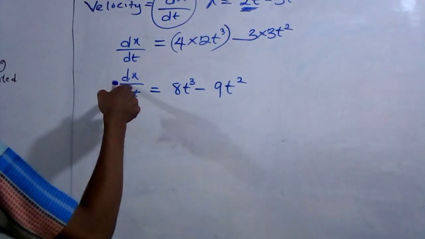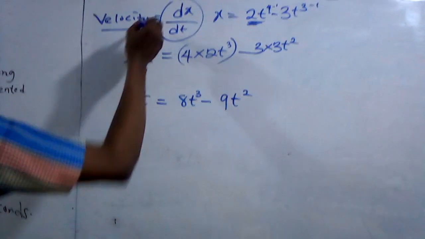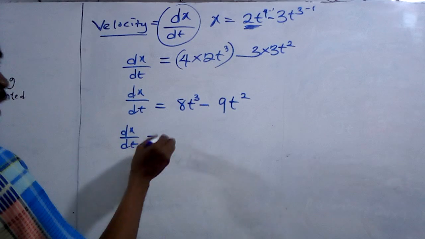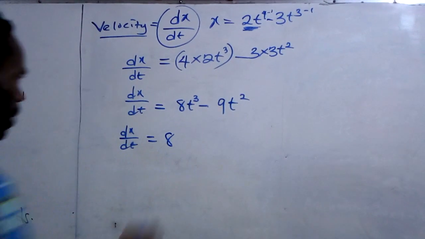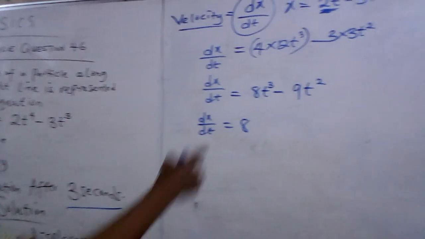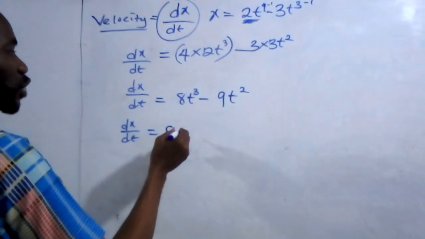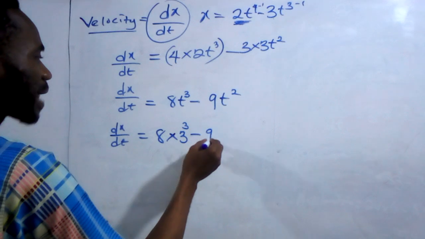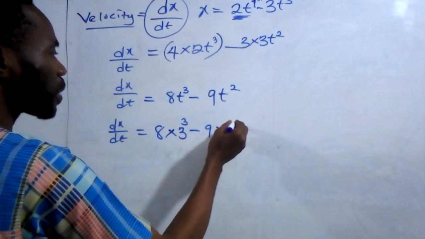So our ds over dt, which represents our velocity, will be equal to 8t cubed minus 9t squared. Remember they said the time after 3 seconds. We now substitute t as 3: 8 times 3 raised to the power 3 minus 9 times 3 raised to the power 2.